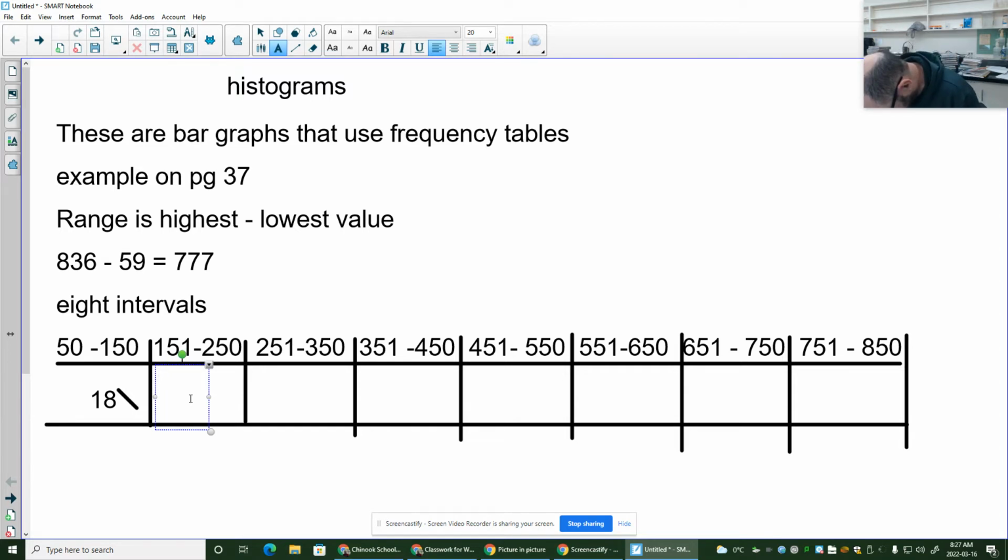Okay, this one is, where were we here? 151 to 250. 1, 2, 3, 4. We got 4, 5. 5 of those.